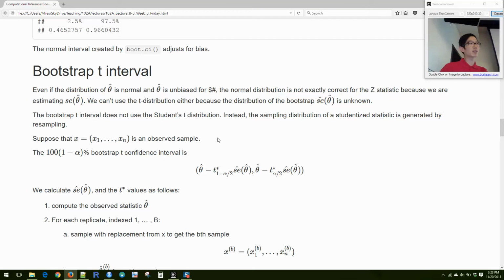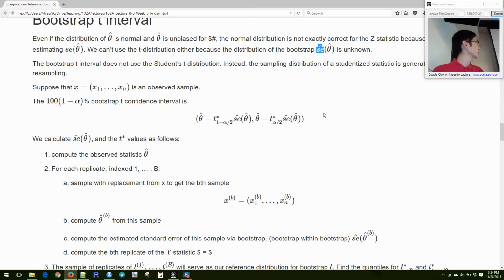And so we're going to basically do a bootstrap within the bootstrap to get an estimate of the distribution of the standard errors. When we perform bootstrap, we get an estimate of the standard error of theta hat, but to get an idea of the distribution of this standard error, we're going to perform a bootstrap within the bootstrap.